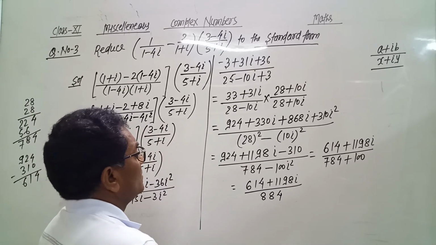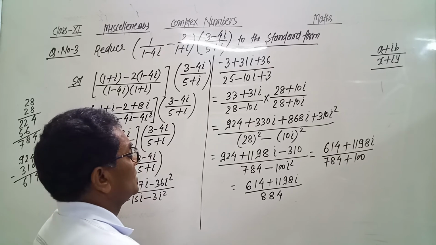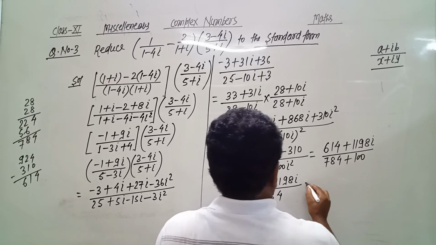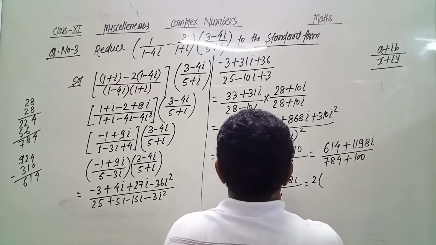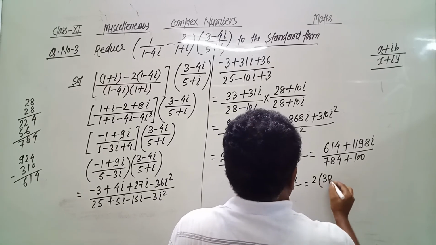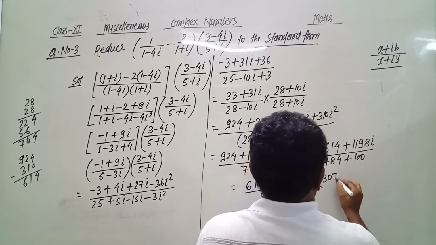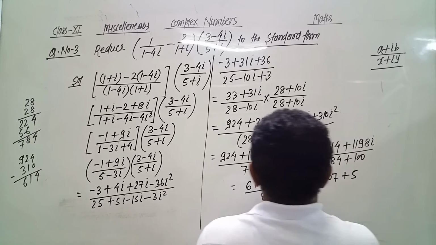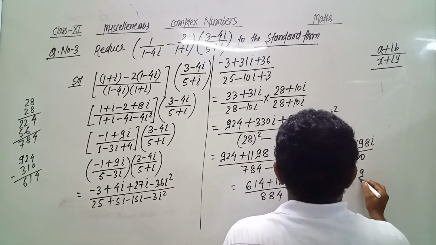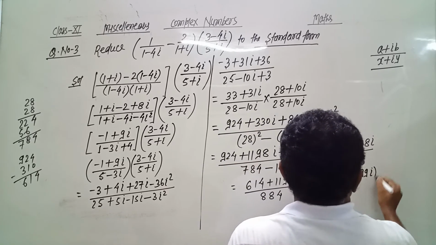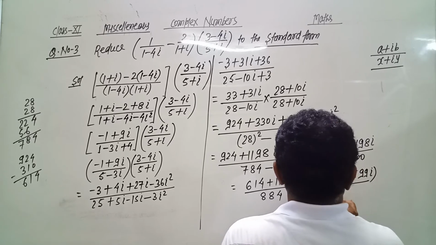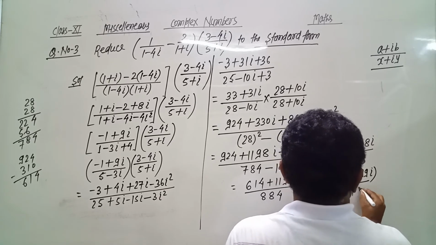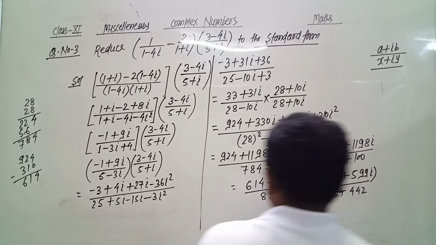Now we take common, 2 is taken common. So when we take 2 as common, we get 320 plus 599 iota upon 884, and it gets cancelled, 442.